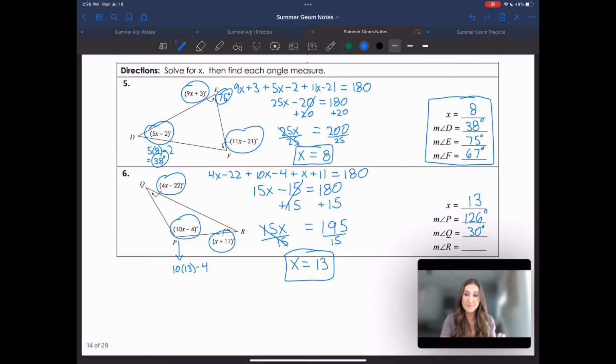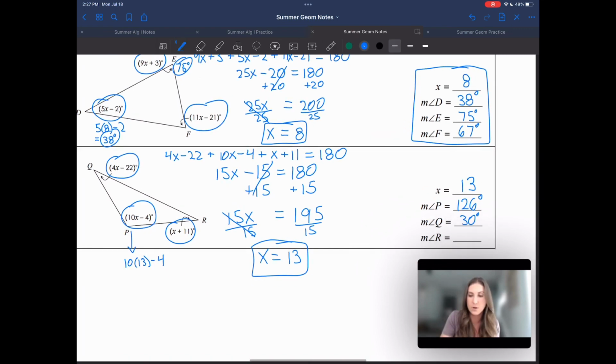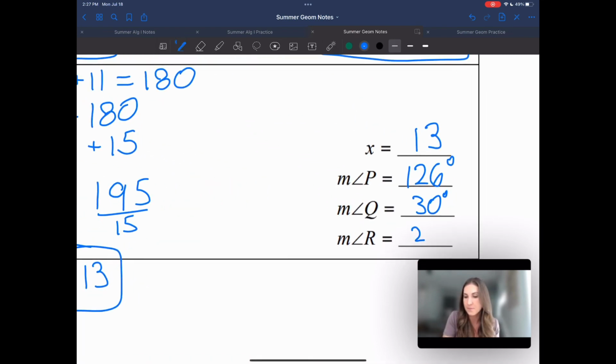I'm going to do my shortcut method where I add these two together and subtract from 180. I think that's just the easiest. 126 plus 30 is going to give us 156. And then if we do 180 minus that, that's going to leave us with 24 degrees. And that would be the final answer.